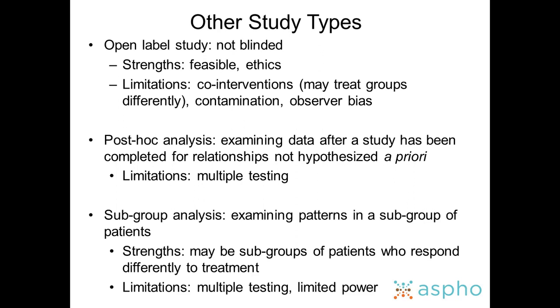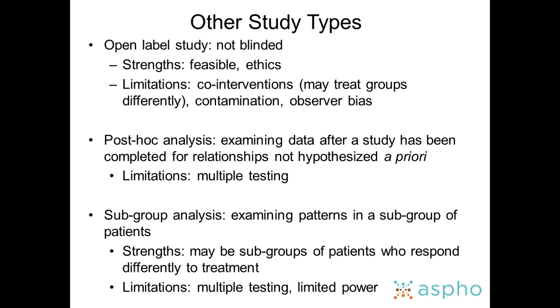A post hoc analysis is where you examine the data after the study's been completed for relationships that you didn't think about ahead of time. This is very worrisome to me because of the concern about multiple testing. You're highly likely to show something by chance alone if you look at enough things. And subgroup analysis is actually similar in some ways to post hoc analysis in that we're doing lots of testing to see whether effects are different in different groups of patients.